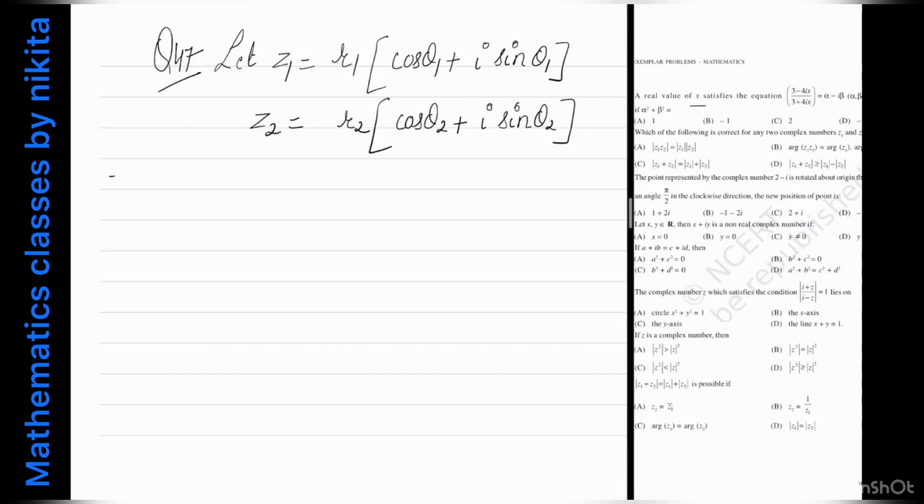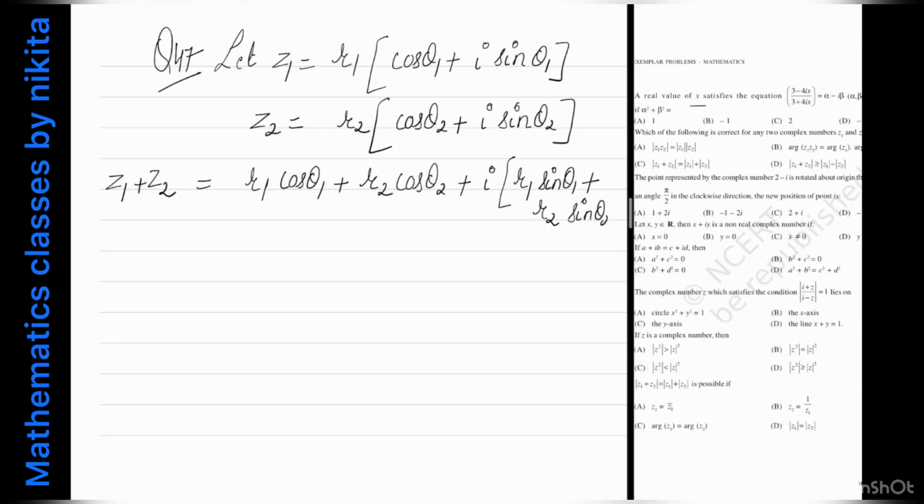Now what is z1 plus z2? z1 plus z2 is equal to, so you have to add them. So what you will get? So you will get r1 cos theta 1 plus r2 cos theta 2, then plus iota times, in the bracket you will have r1 sin of theta 1 plus r2 sin of theta 2. Okay, now let's take their mod.